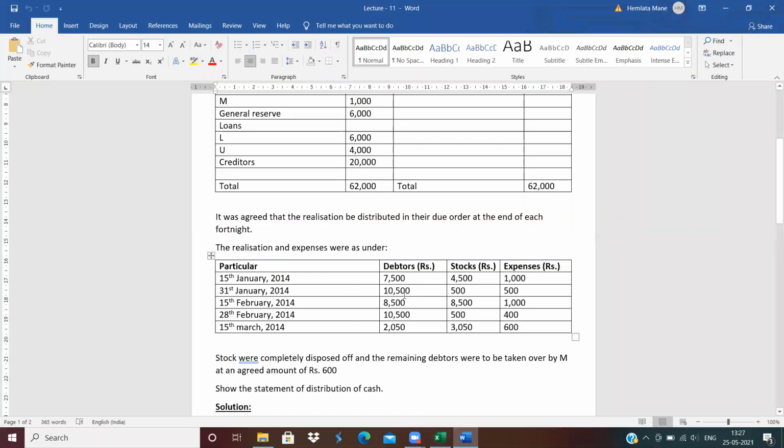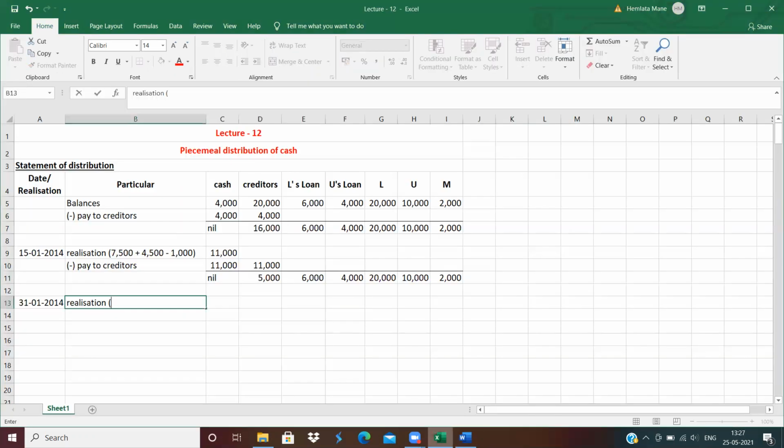Amount of debtors is 10,500, stock 500, minus expenses 500, means cash balance is 10,500. From this, first pay to creditors because 5,000 still remains to be paid.